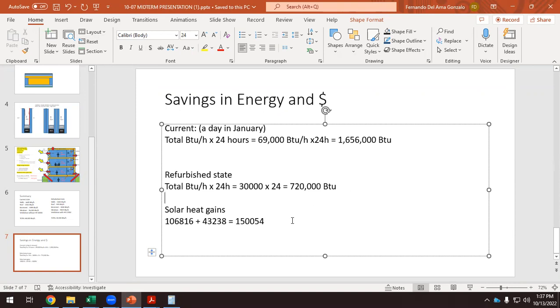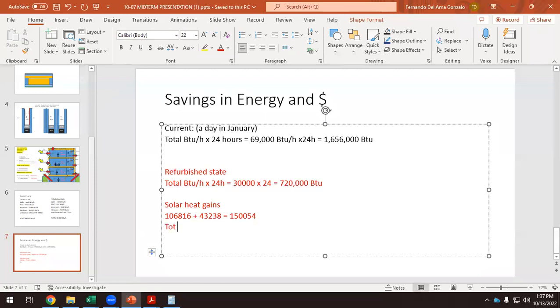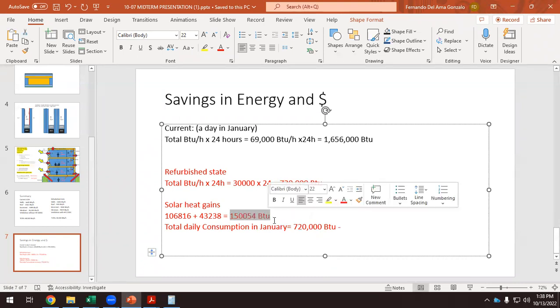Okay. So for the refurbished state, I'm going to use a different color. What is the total daily consumption in January? So it's this, those are my heat losses, minus, this is BTU, my heat gains.